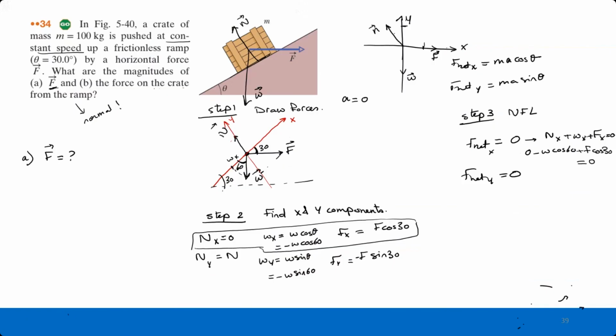You can see how I can work with the x equation to find F. Namely, the x equation tells me that minus W cosine 60 equals minus F cosine 30. So F is W cosine 60 over cosine 30.